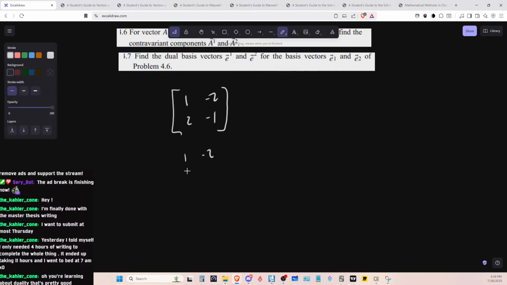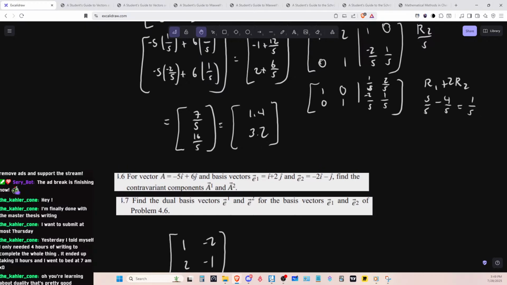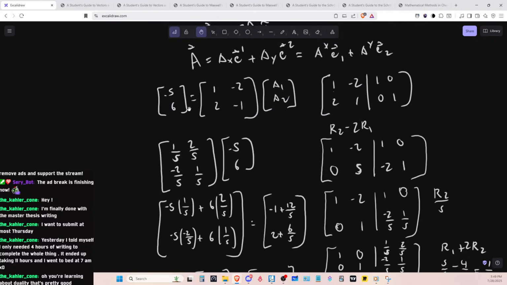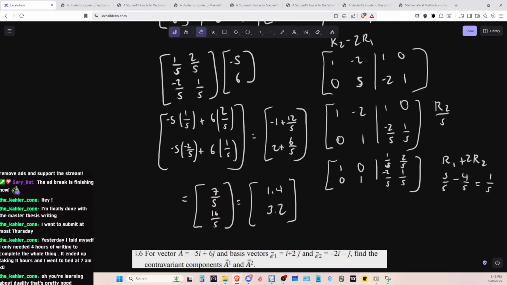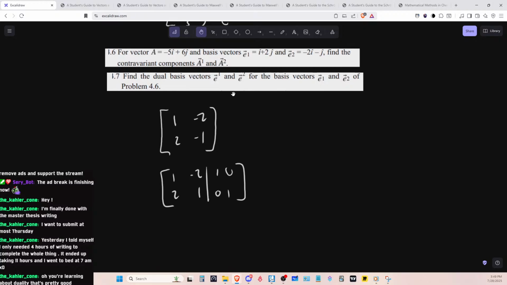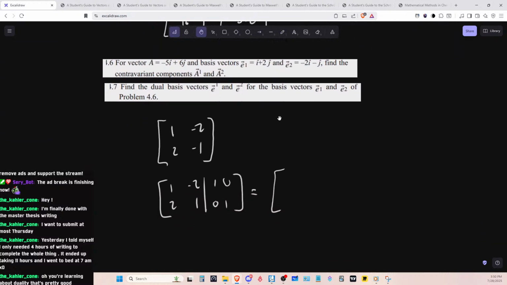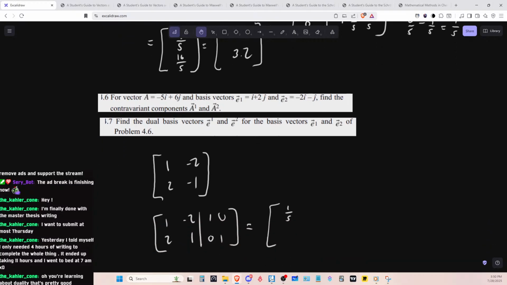And the way I remember, because we already did this before, is to do it like this, and you're supposed to transform it like this, because we already did that in the last problem. So I'm just gonna write it down, because you guys already saw me do that work.